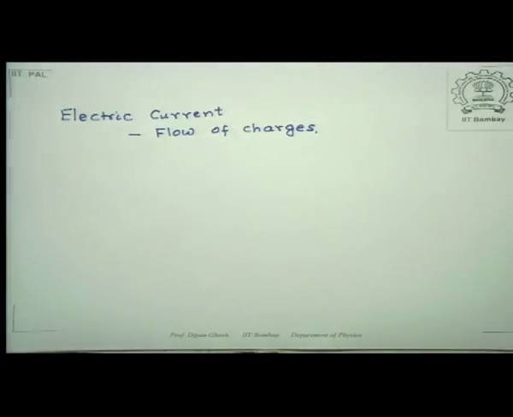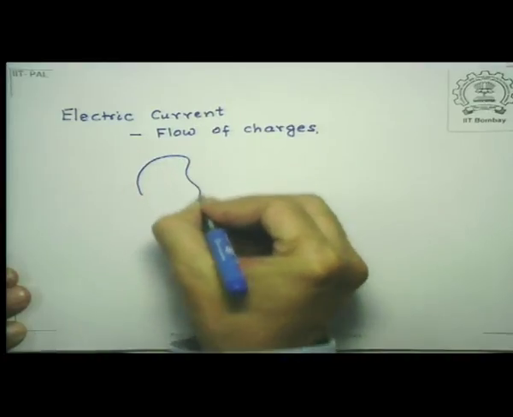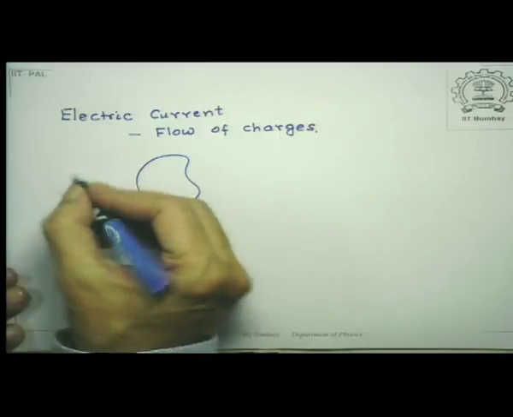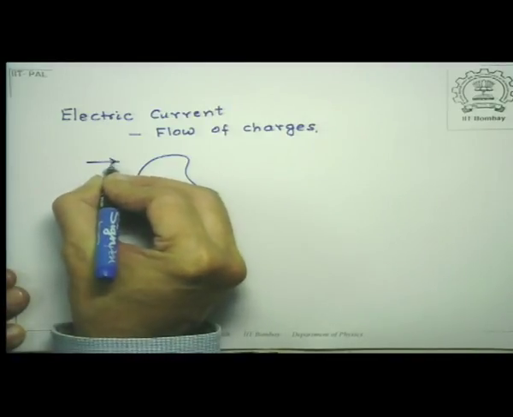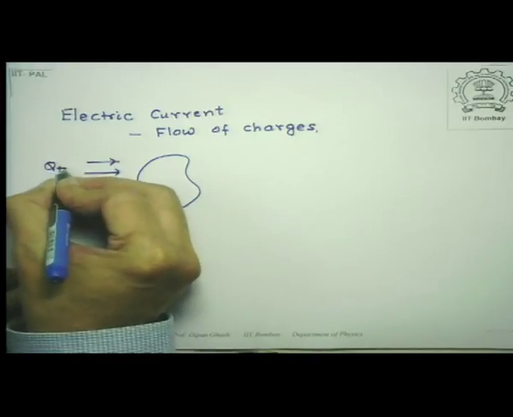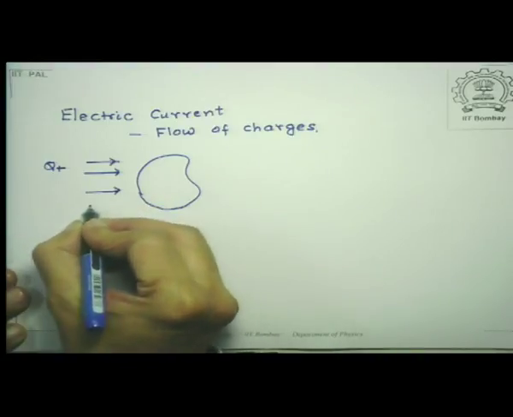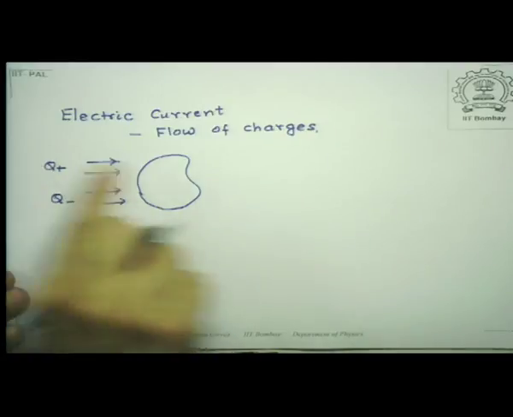This is the formal definition, and let us try to make this a little clearer. Let me say that I have an arbitrary surface, some area, it does not matter, and suppose I have charges, let us say positive charges, which I will call Q plus, and a negative charge group, Q minus, and they are passing through this surface.